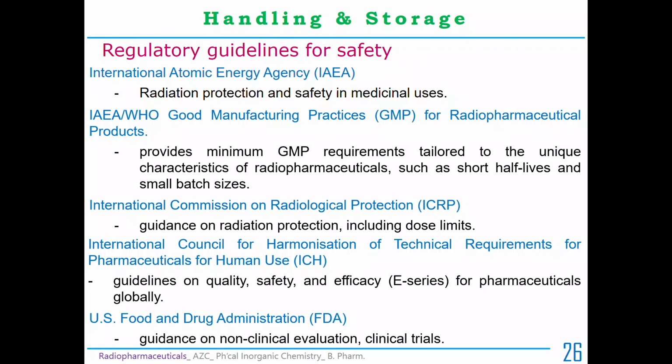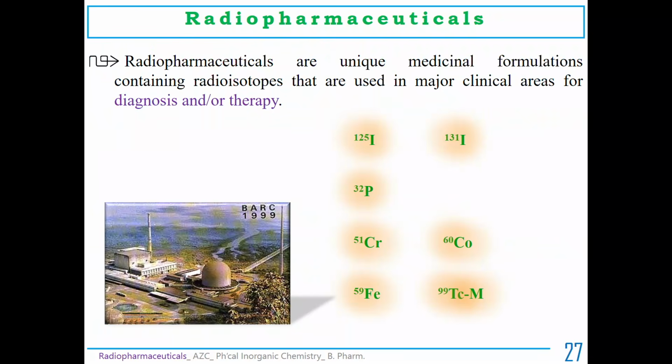U.S. Food and Drug Administration, guidance on non-clinical evaluation, clinical trials. Radiopharmaceuticals. Radiopharmaceuticals are unique medicinal formulations containing radioisotopes that are used in major clinical areas for diagnosis and/or therapy.